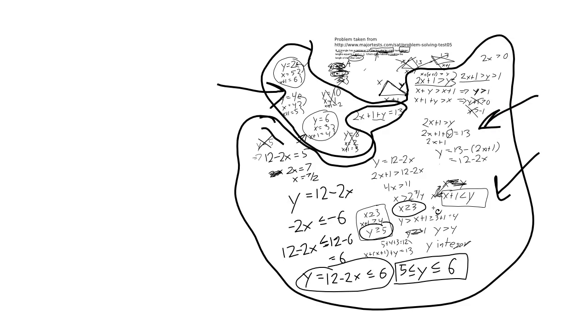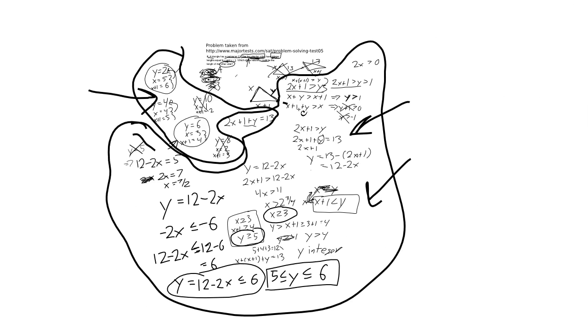But for me, this process, although I was able to do it this way, is a bigger blob and took more time than this smaller blob over here. And so my intuition to resort to trial and error for the sake of expediency was probably the right way to go. But in any case, I've solved the problem in at least 2 different ways, and I've done a substantial amount of work to constrain what my values of x and y could possibly be, and so I'm confident that I've got the right answer.